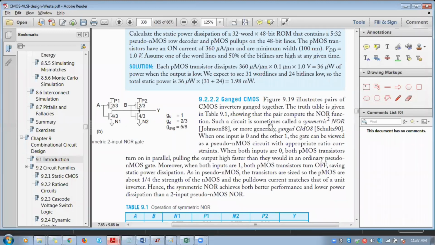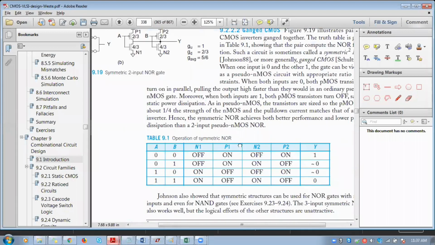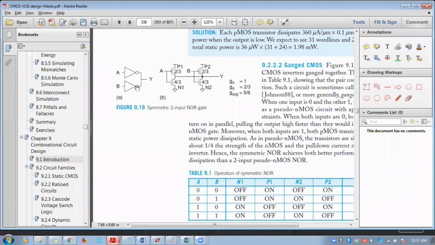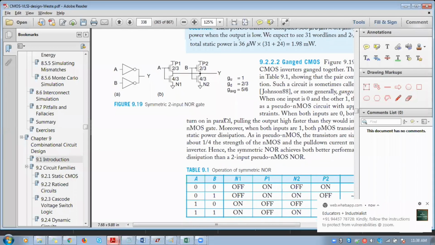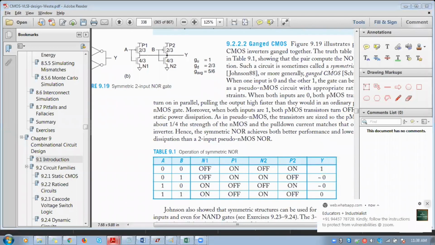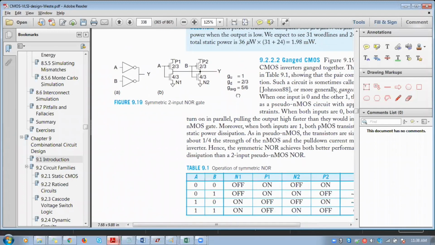You might have seen those types of questions in digital electronics. Likewise here, instead of NAND and NOR, we are going to implement the design only using inverters. So this is the case of ganged CMOS.